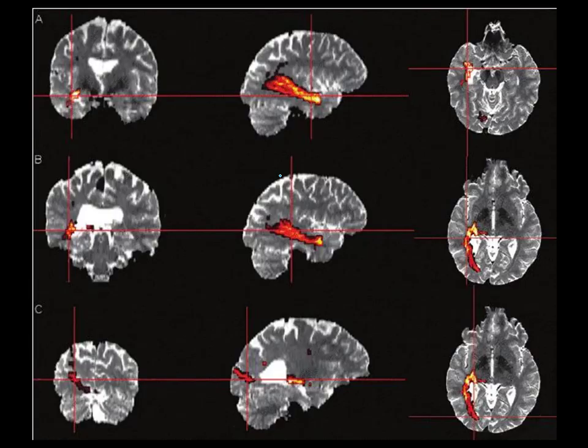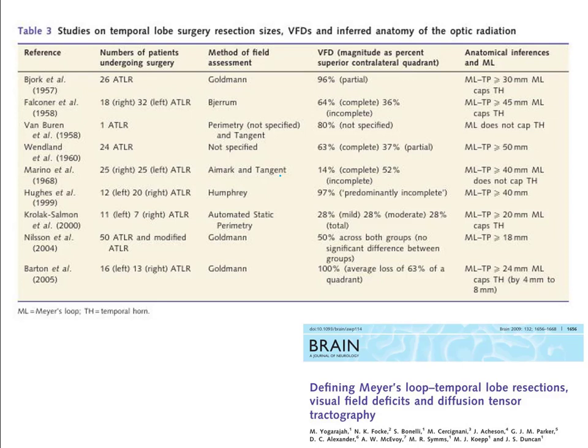One can see this, and one can map it, and you can actually ask what happens if people injure that. In fact, what happens if people injure Meyer's loop is that they lose. What sort of visual field could you lose? Let's imagine you injure that loop on the left side. Would your view of the left side of the world be hurt? Your view of the right side would be hurt.